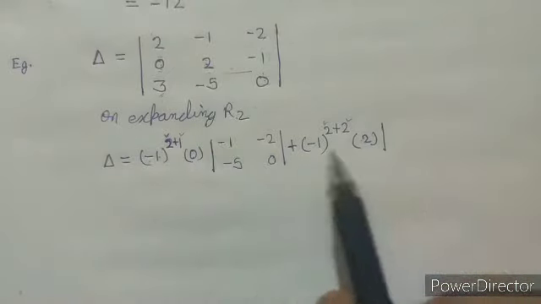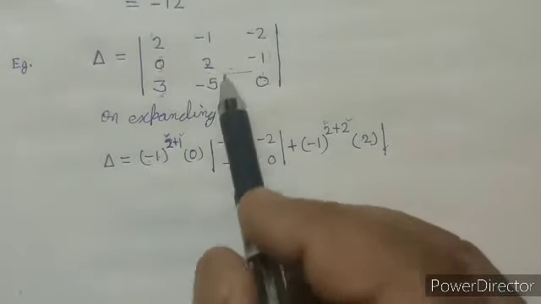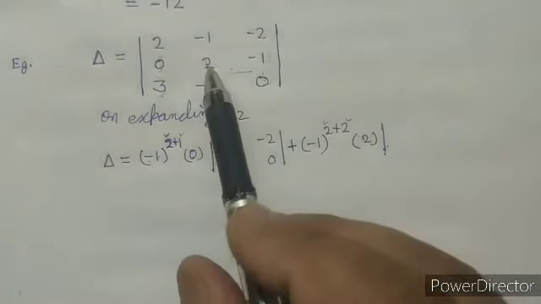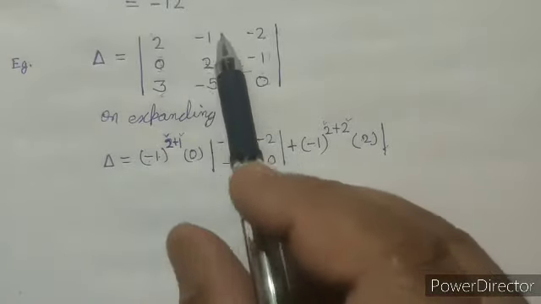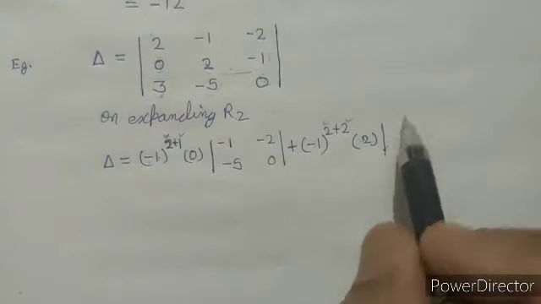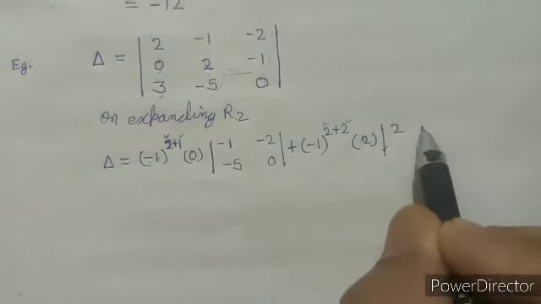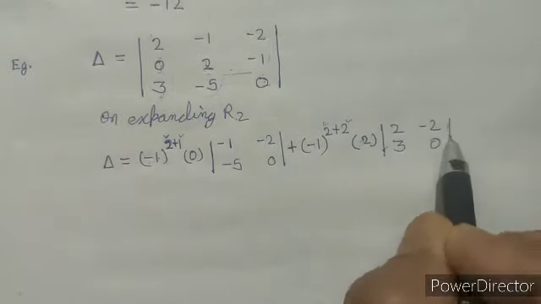The element was 2. Now we will eliminate the row and column of the element we have taken, that is 2. After eliminating the second row and second column, we will get 2 minus 2, 3, 0. That will be the determinant of 2 minus 2, 3, 0.